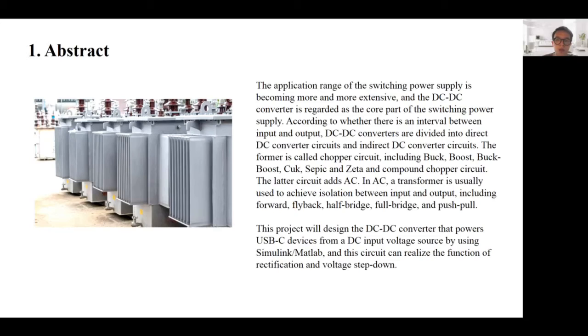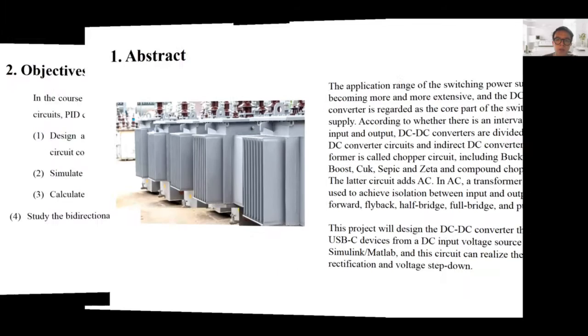This project will design the DC-DC converter that powers USB-C devices from a DC input voltage source by using Simulink. And this circuit can realize the function of rectification and voltage step down.